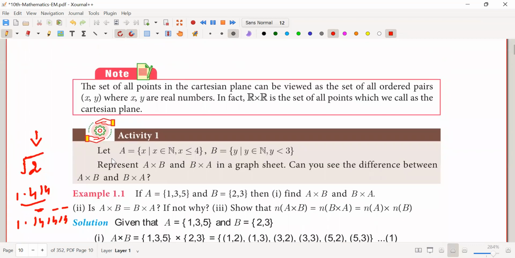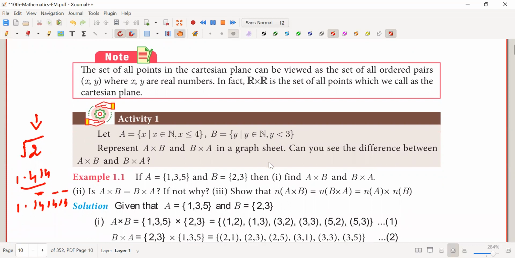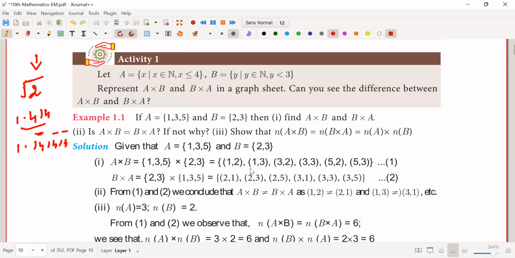Activity. Let A be x element of N, x less than or equal to 4. Then B be y element of N, y less than 3. Represent A cross B and B cross A in a graph sheet. Can we try to put it in a graph?